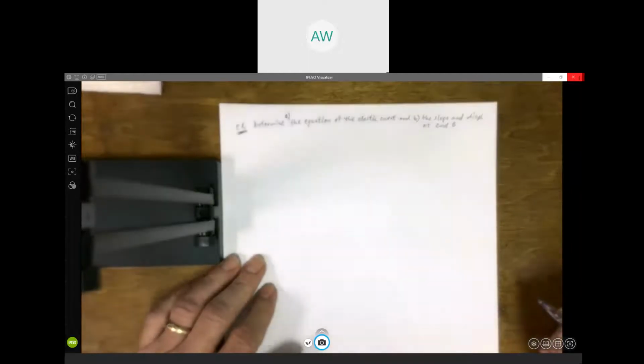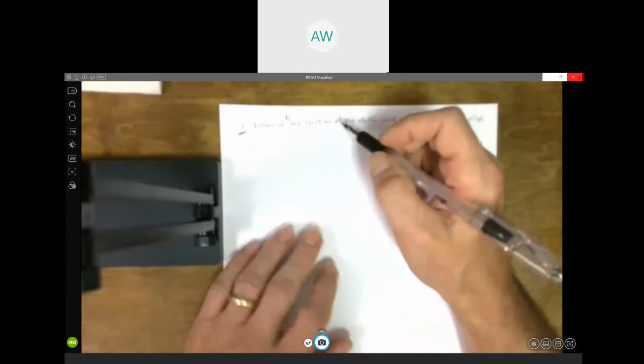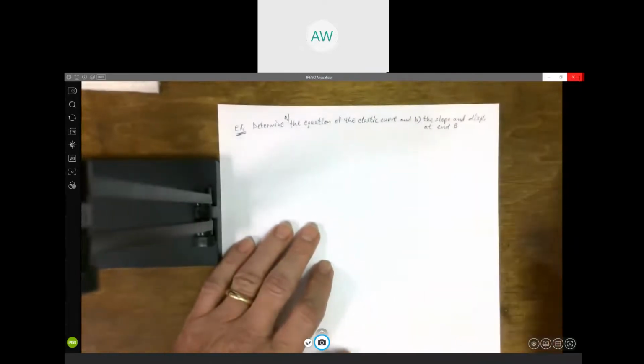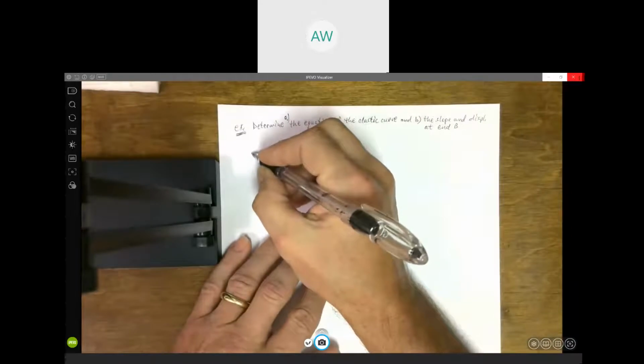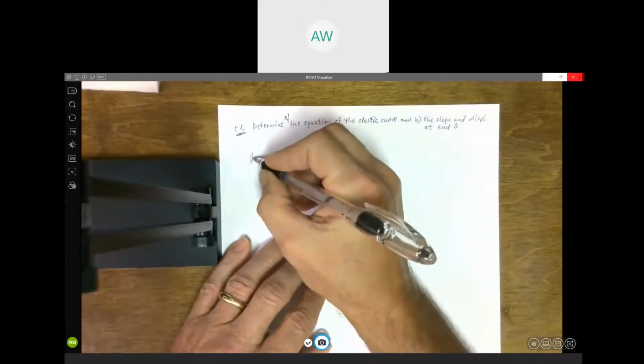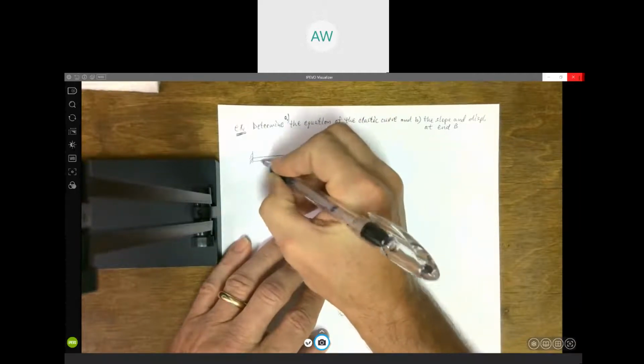All right, so let me draw my beam, and then I'll come back and talk a little bit more about the wording used there. We've got a beam with a fixed support at the left end.